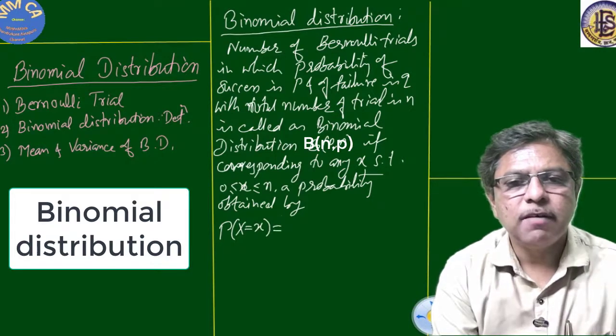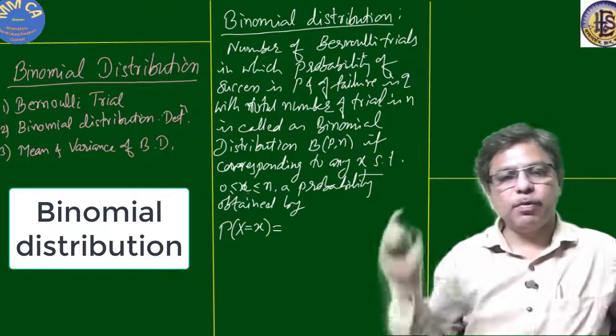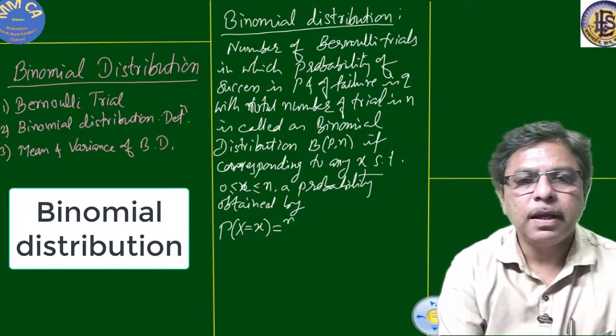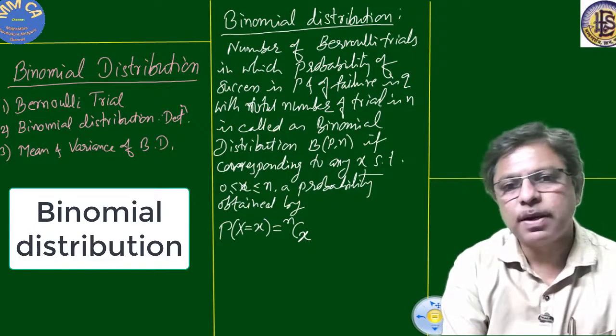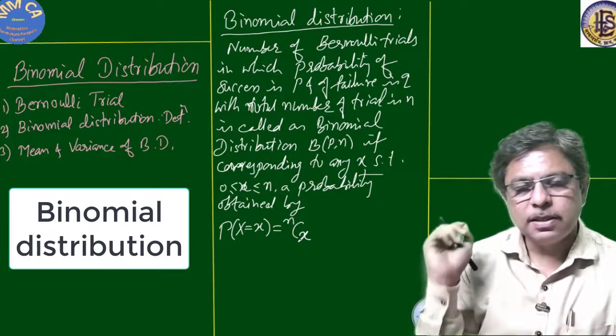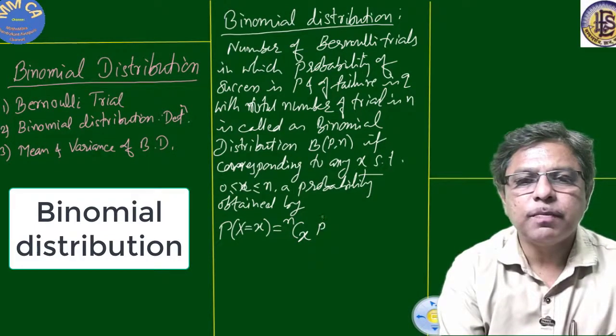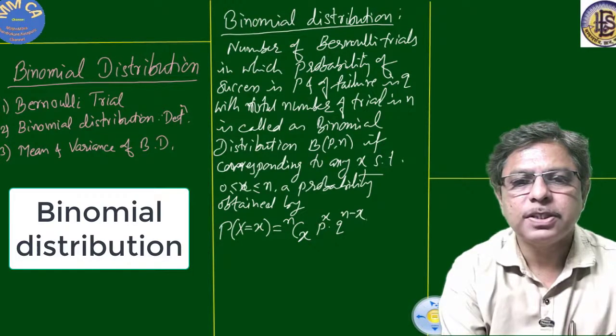X can take values from 0 to n, and the probability is obtained by the formula nCx, where n is the total number of trials and x is the value at which we have to find the probability, into p raised to x into q raised to n minus x.